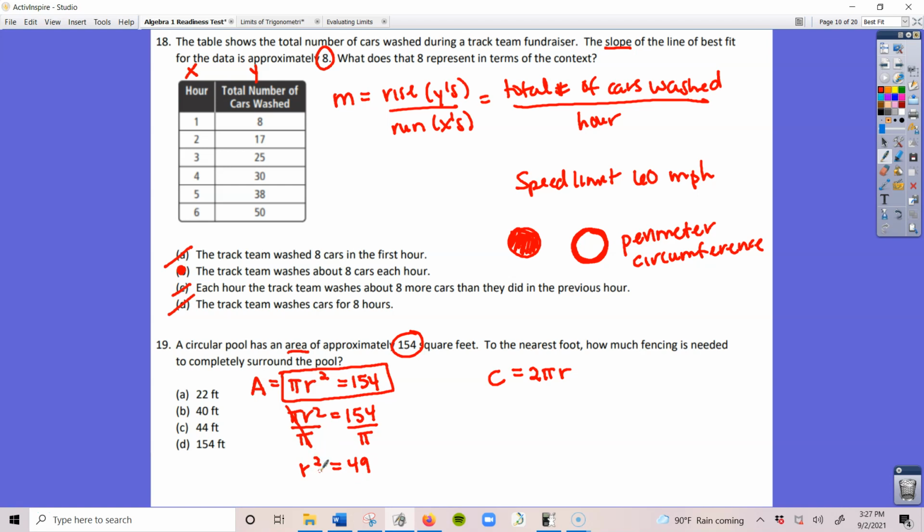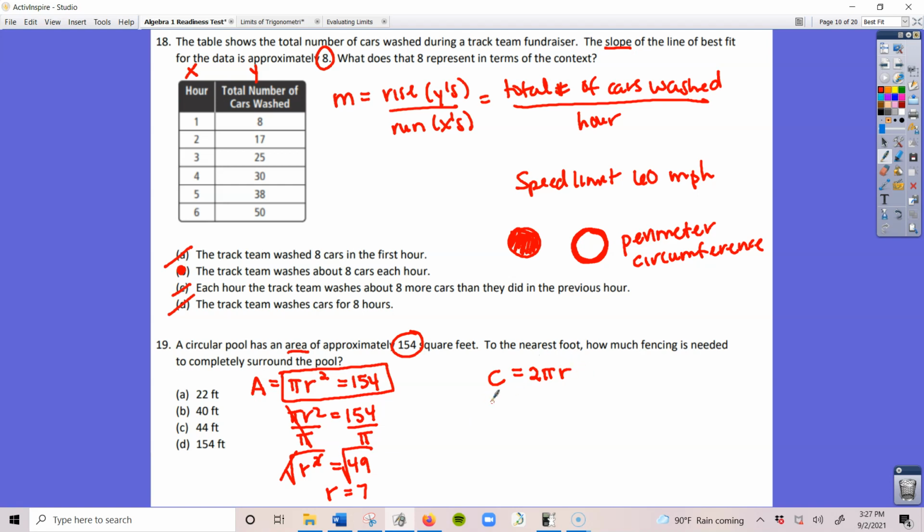To cancel out an exponent, you have to apply the radical, or the square root. Remember that this is radius squared. So to cancel out the 2, it's square root. So I'm square rooting both sides. And I get that the radius is equal to 7, since the square root of 49 is 7.